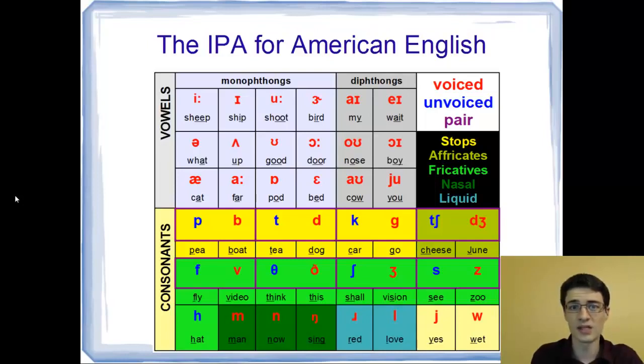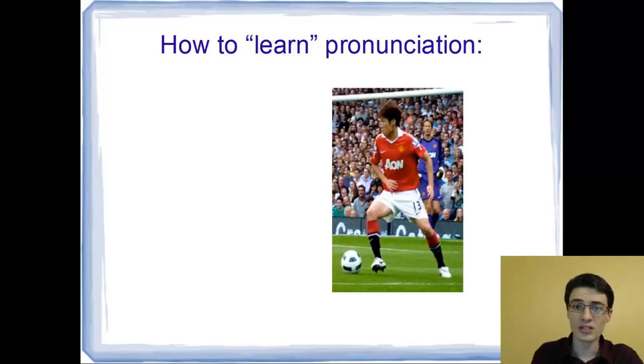This concludes our lesson about the IPA for American English. I suggest that you watch this lesson again after my other pronunciation lessons. After studying the details, you can return to this lesson to understand the bigger picture. In my other pronunciation lessons, we will focus on learning how to pronounce certain sounds.